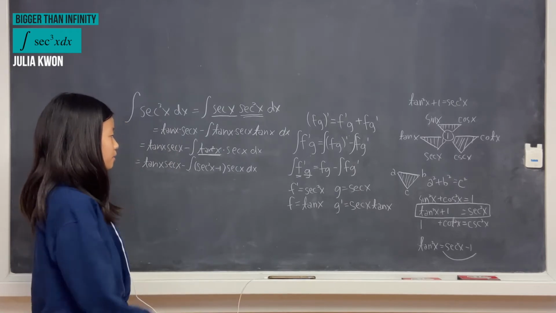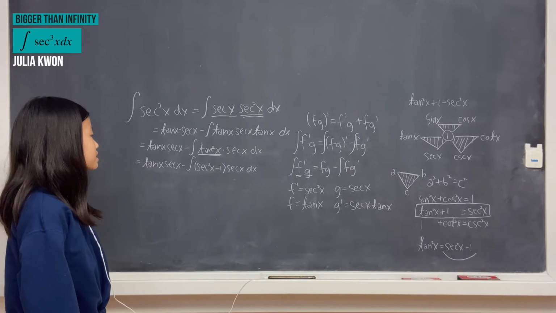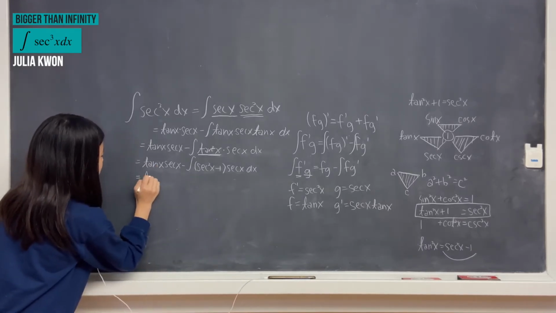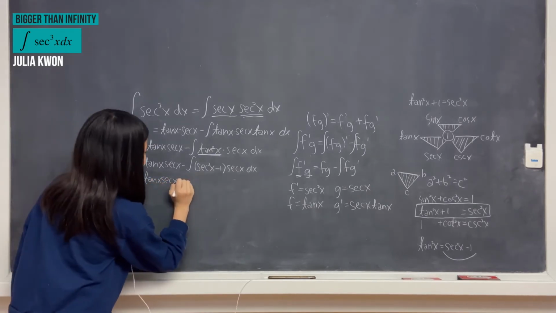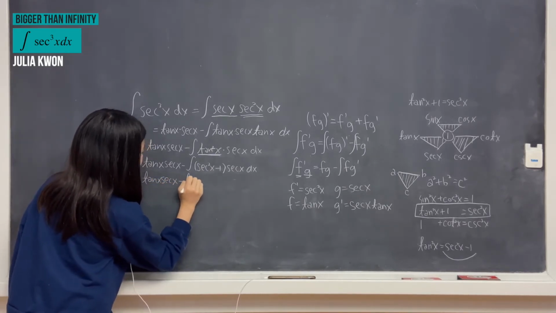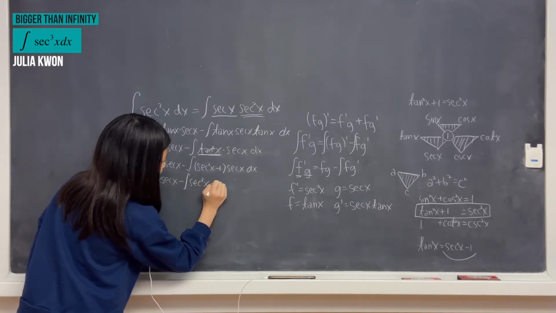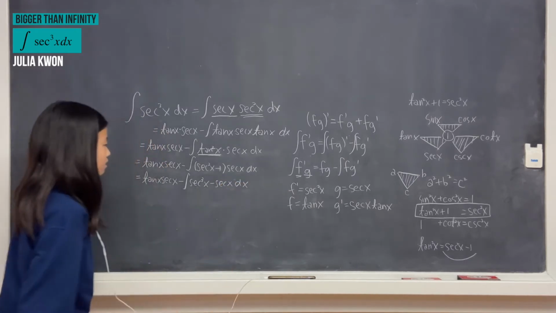So now I would like to multiply these two to simplify this equation more. So tangent x times secant x minus the integral of secant x cubed minus secant x dx.